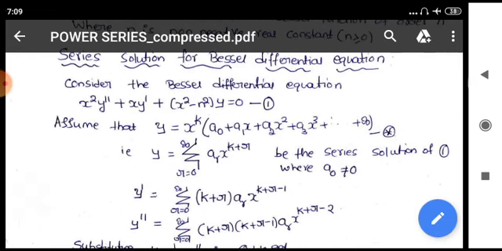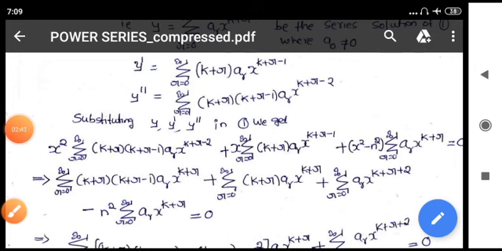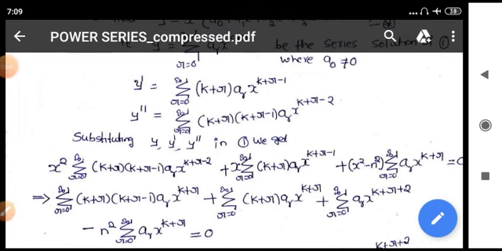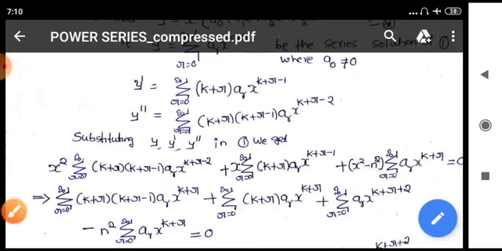In equation 1 we get x square into y double dash, which is summation of (k plus r) into (k plus r minus 1) ar x power k plus r minus 2, plus x into y dash, where y dash is summation of r from 0 to infinity (k plus r) ar x power k plus r minus 1, plus (x square minus n square) into y, where y is summation of ar x power k plus r, r from 0 to infinity, is equal to 0. Now we will simplify these equations.